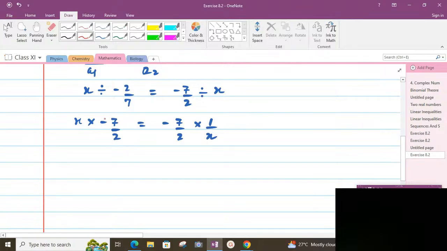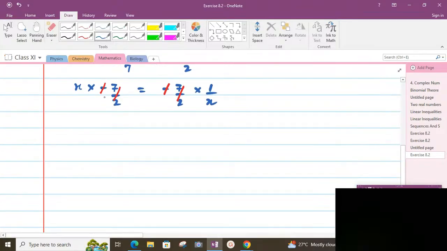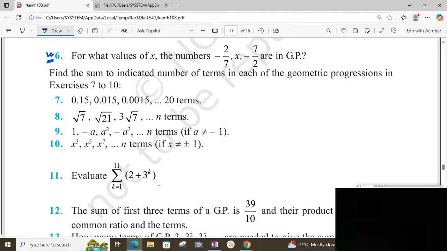Now we cancel out minus 7 by 2, 7 by 2. In the next step, here will be x square equal to 1. Therefore, x equal to the square root of 1, equal to plus minus 1. So this question asks us for what value of x.